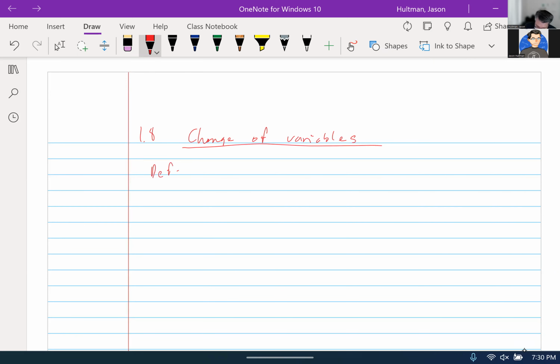Definition. A function is said to be homogeneous of degree 0 if f of tx, ty is equal to f of x, y. Okay, so I put a constant t on x and a constant t on y.